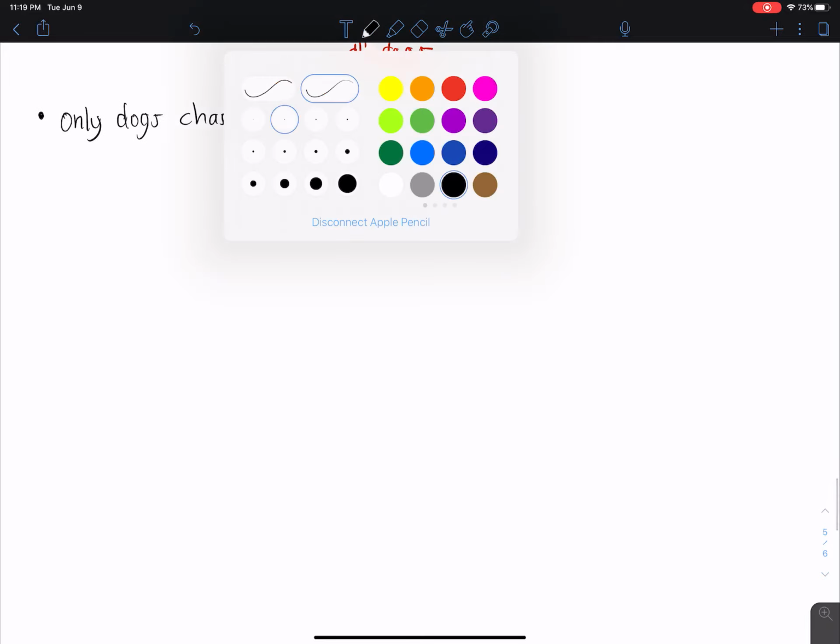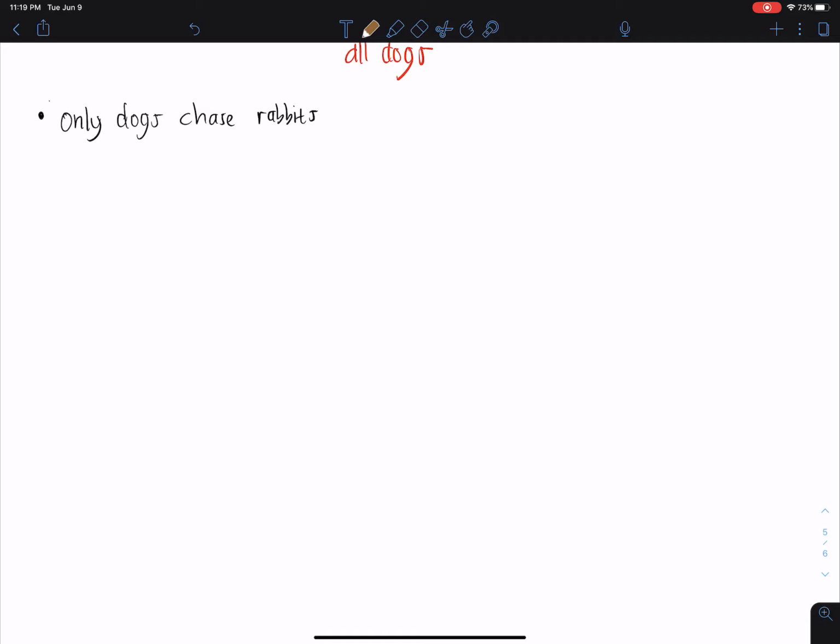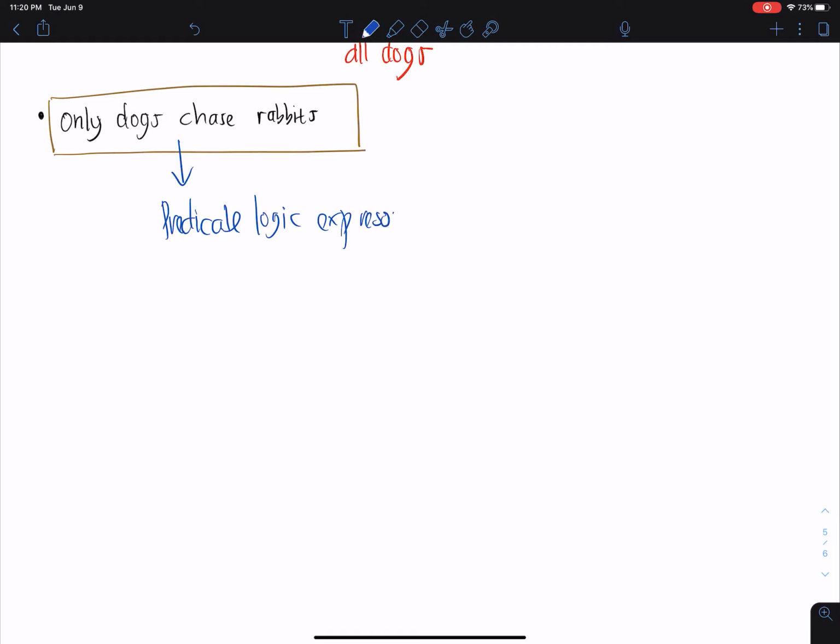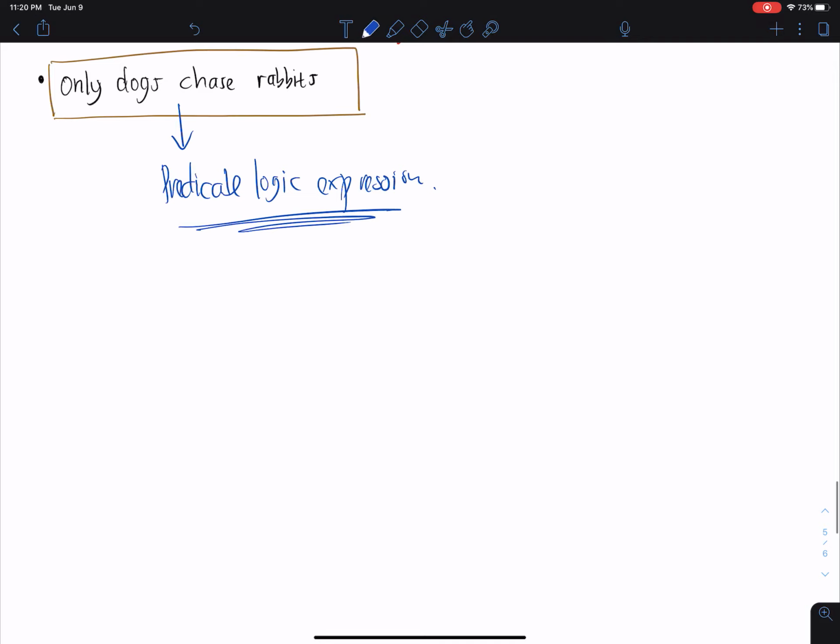So I would like you to try this. Convert it into a predicate logic expression and show it to me. Try to understand the concept. Use the same method as we did in the previous examples, and hopefully you can get it done correctly.